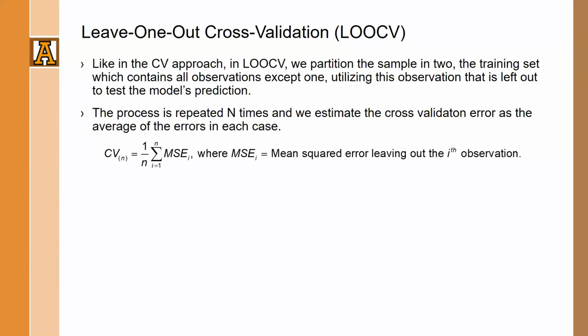And then you do the square of the error, and then we average all those. Okay, and then you average the mean square error of every prediction you try to make. Right. Now, every time I'm only predicting 1 observation, so I only get 1 error, I square it. And then the cross-validation error with n observations is the average of the mean square errors, which is the square of the error in this case, because it's only 1.